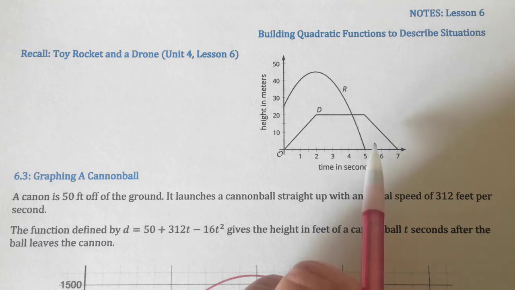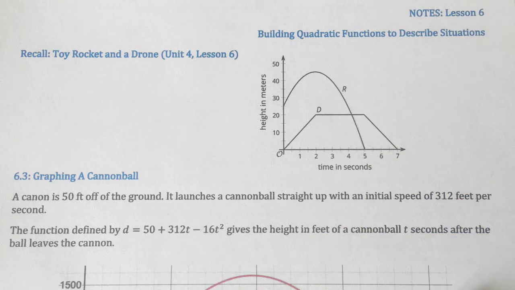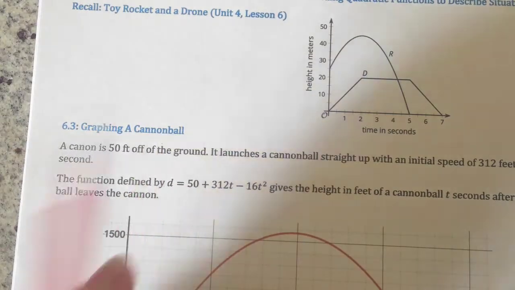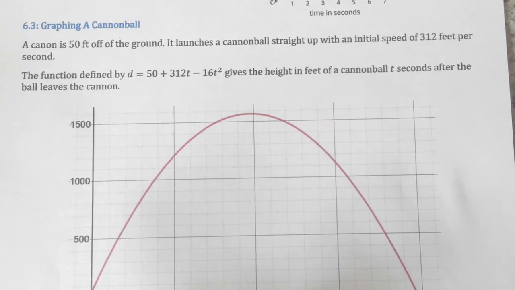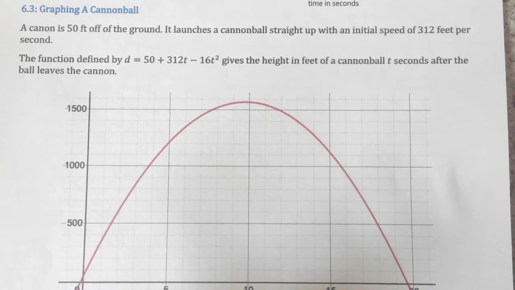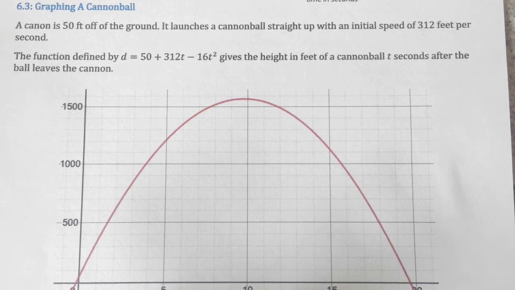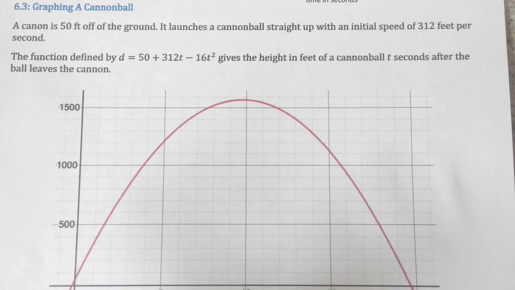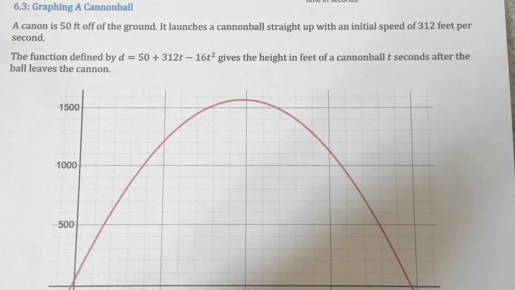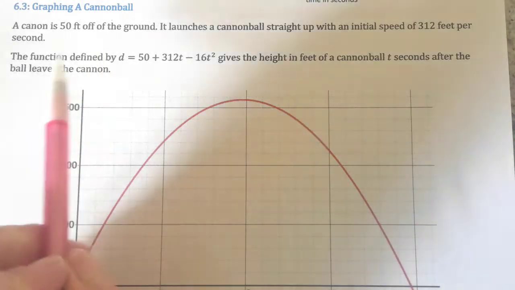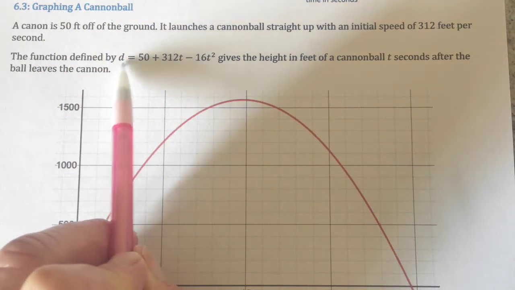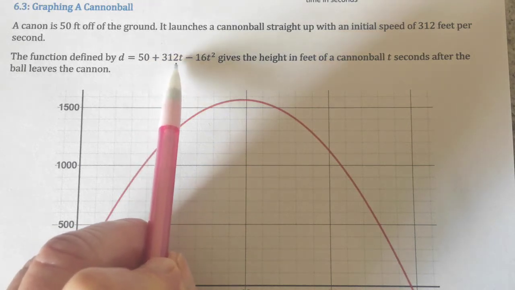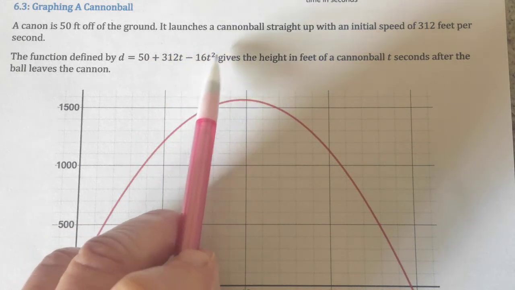When I talked about objects being launched in the air, we're going to be looking at a cannonball. A cannon is 50 feet off the ground. It launches a cannonball straight up with an initial speed of 312 feet per second. We've got a function defined by this situation: d is equal to 50 plus 312t minus 16t squared.